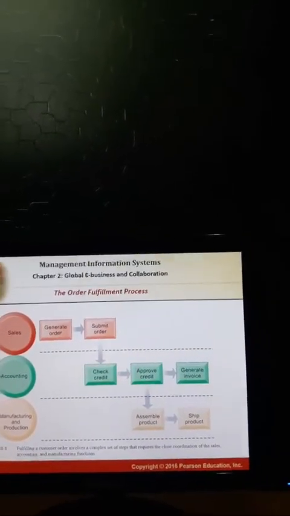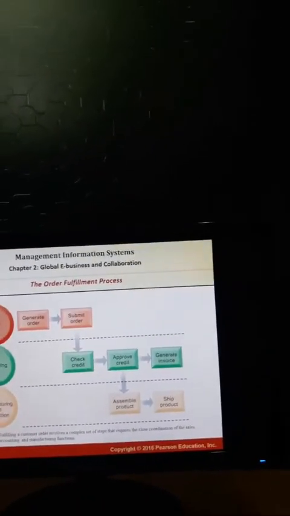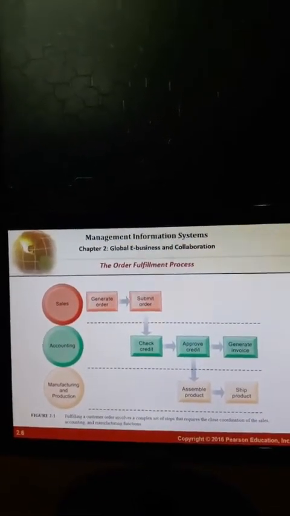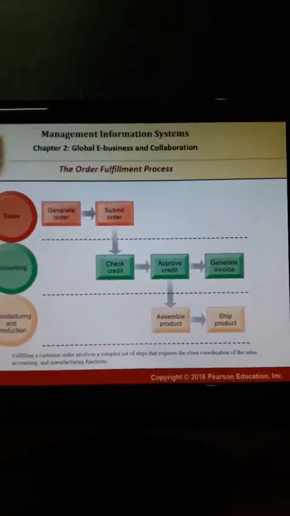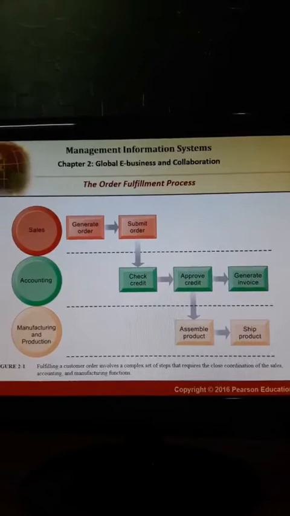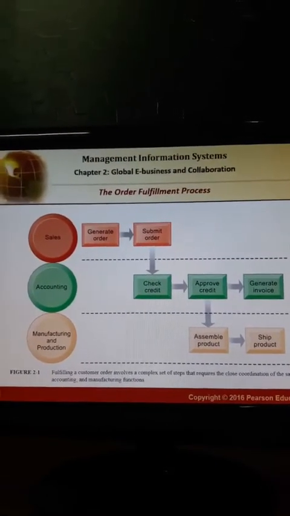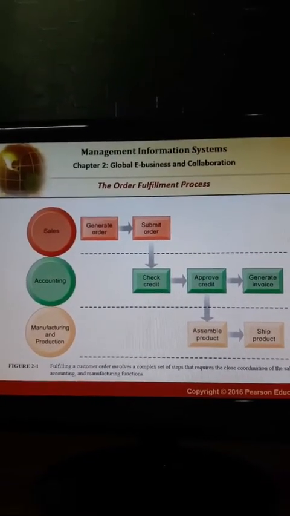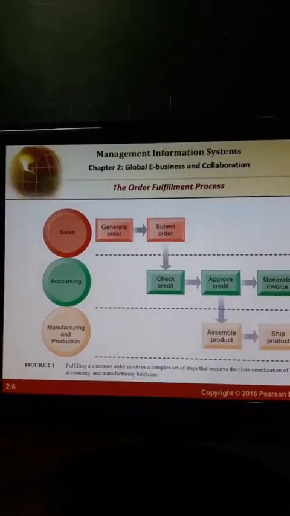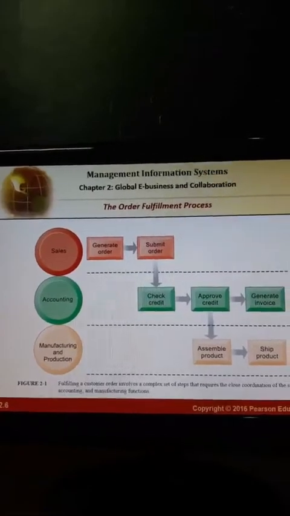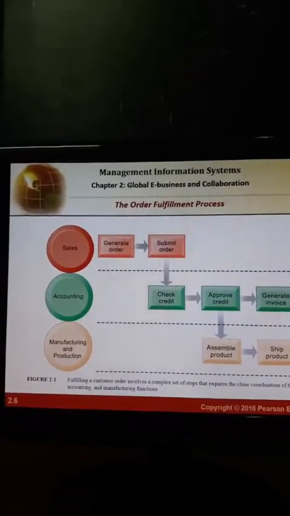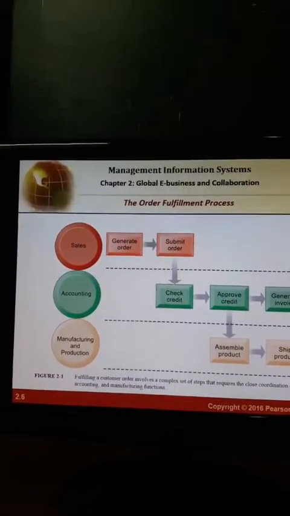Then after the accounts department, the manufacturing and production department performs. The sales department generates the order, then the accounts department checks the credit, and the manufacturing and production department assembles the product. Now these are sequential, but interestingly, you may change these sequential steps to parallel steps. That is, you can perform your order fulfillment process in parallel.